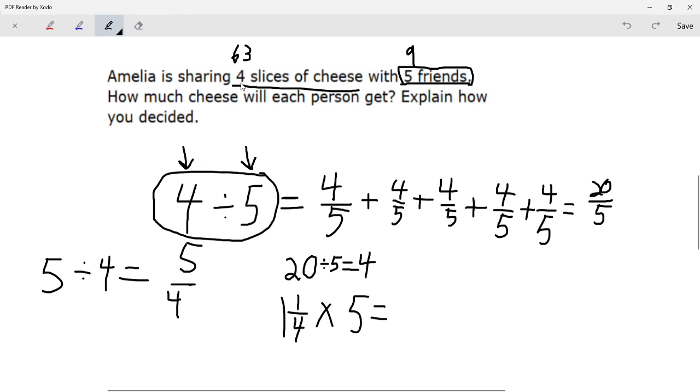And the right order is whatever is being divided by the amount of pieces that they're being divided into, right? And another hint is you're never going to divide people, right?